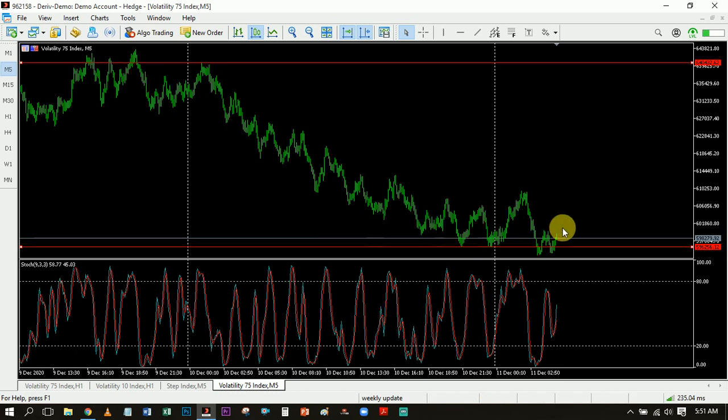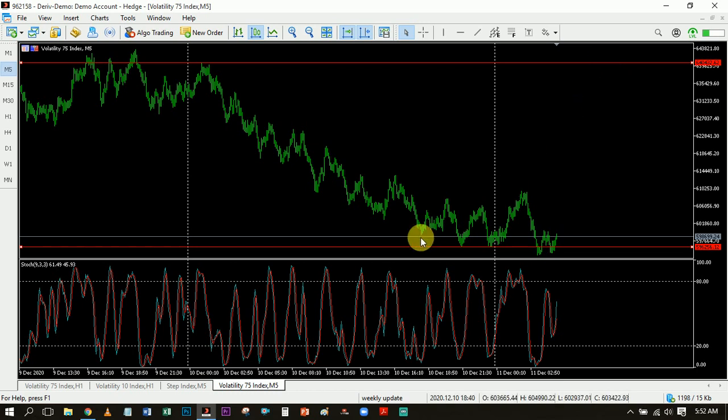So now the next thing you want to do is you want to see reactions around these resistance and support zones. If you remember, I told you that these lines act as support and resistance because they are the ones that hold a particular day.